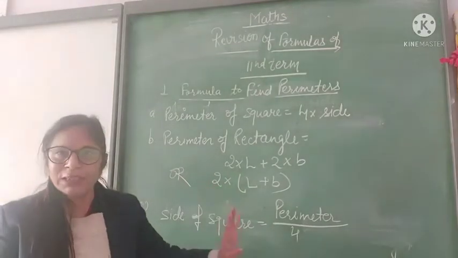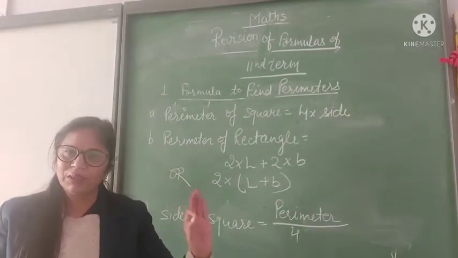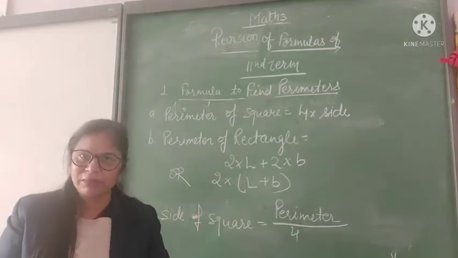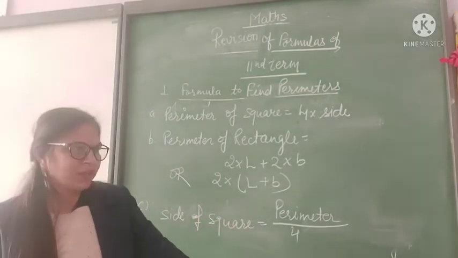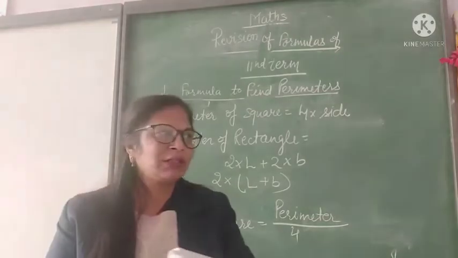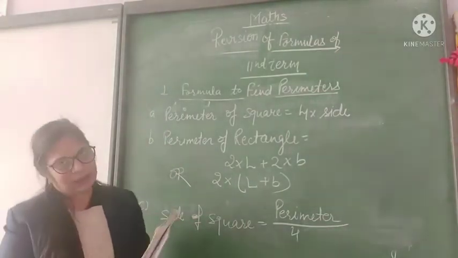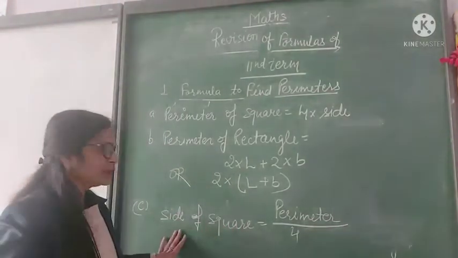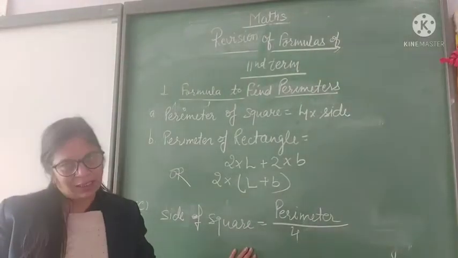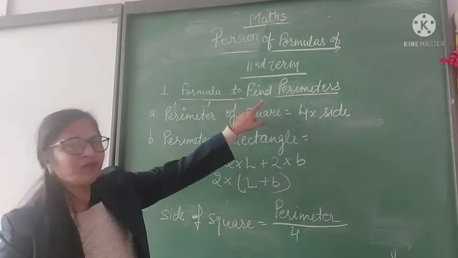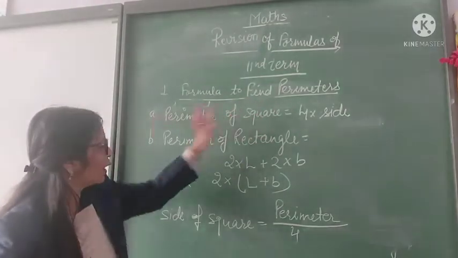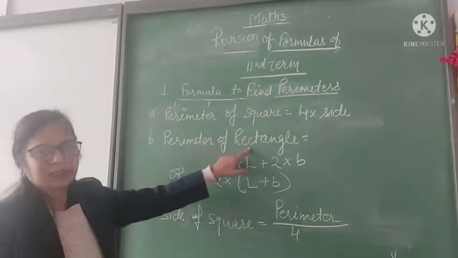Okay, and the units are, if the unit is in centimeter, it is in centimeter. If it is in millimeter, it is in millimeter. If it is in kilometer, it is in kilometer. So the side of the square will be like that. I hope you understood again. We were finding the formula of perimeter of square and of rectangle.